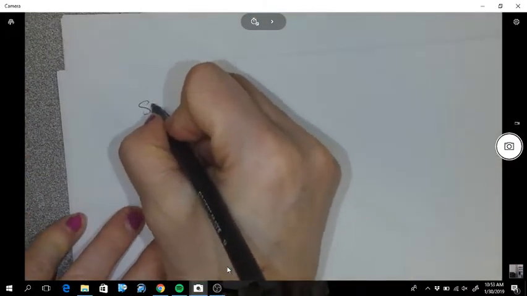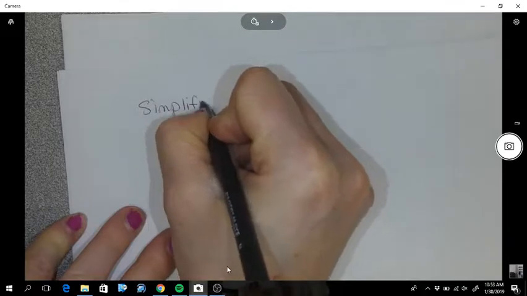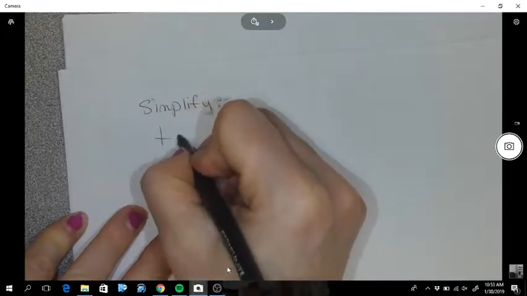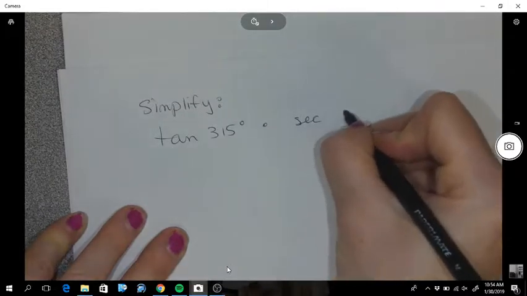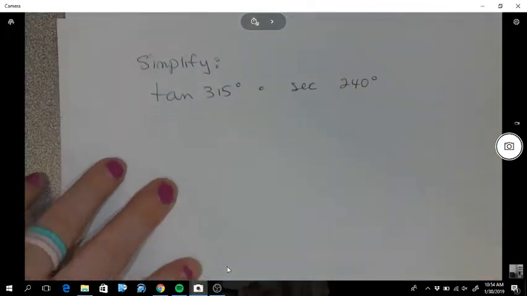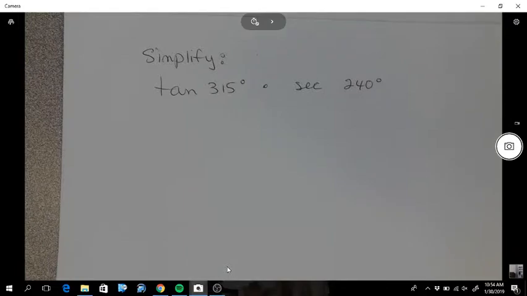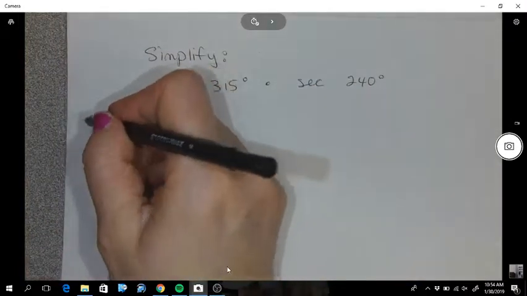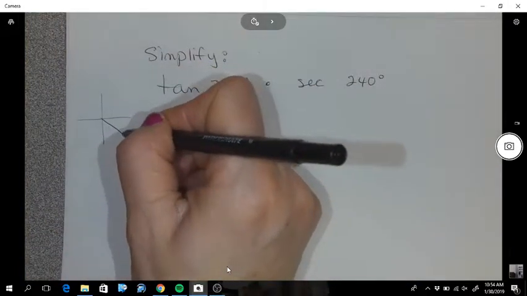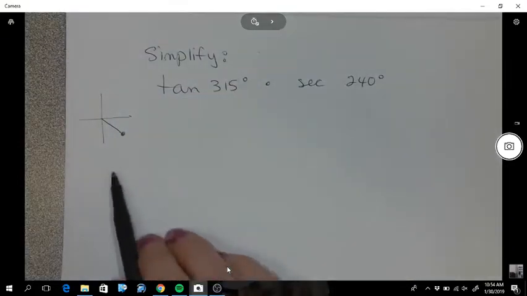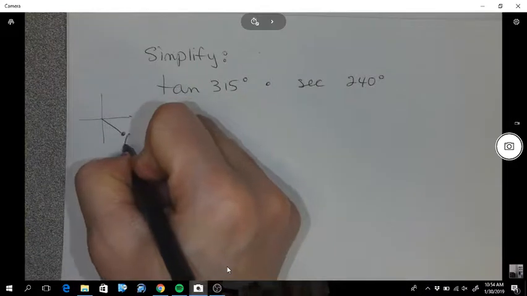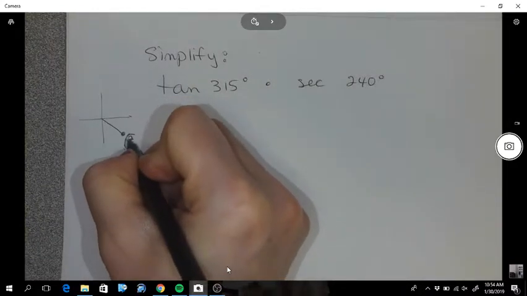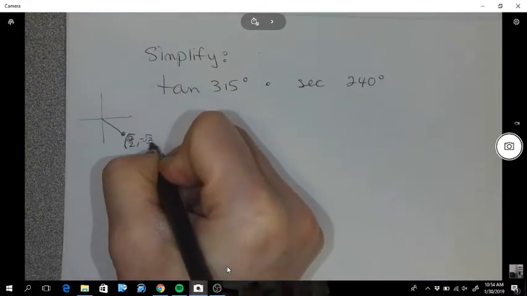And simplify. Tan of 315 times secant of 240. Okay, so 315. So you have to visualize the coordinates there. So your coordinates are root 2 over 2, negative root 2 over 2 there.